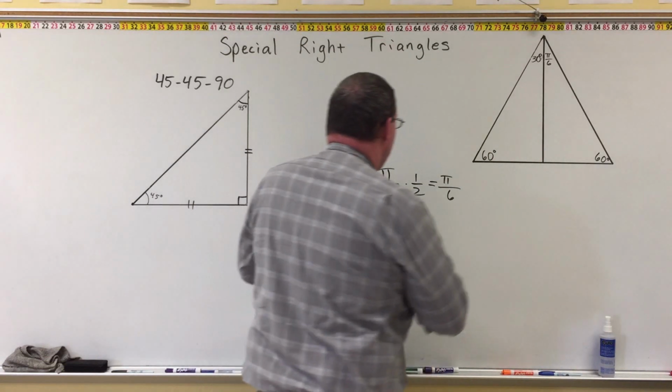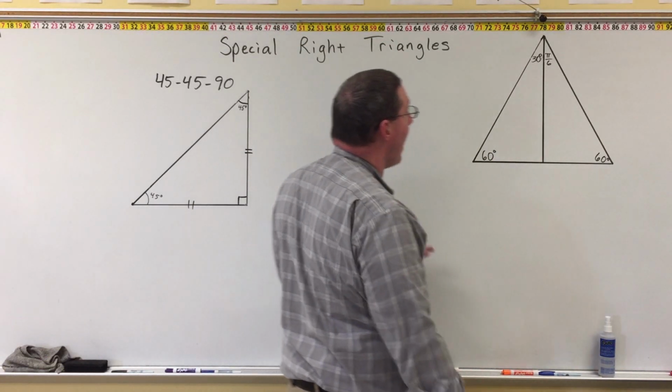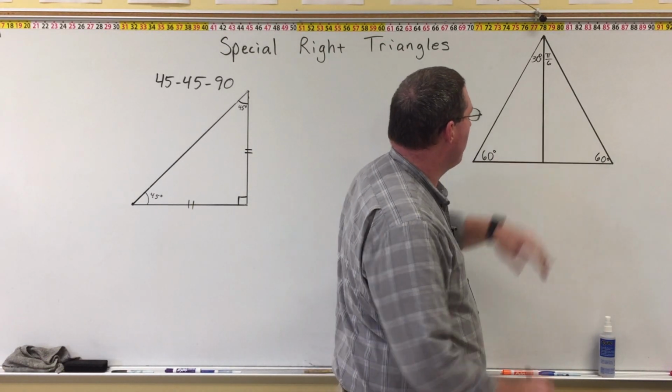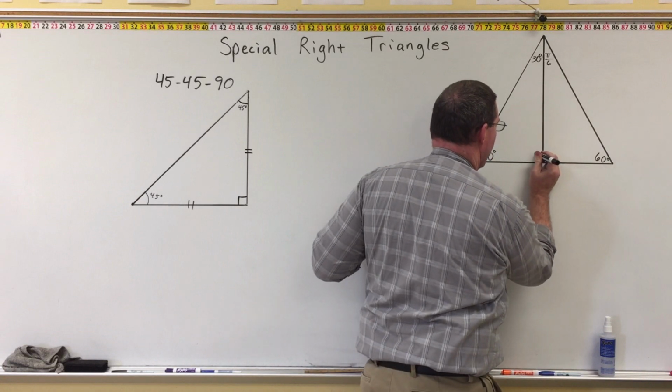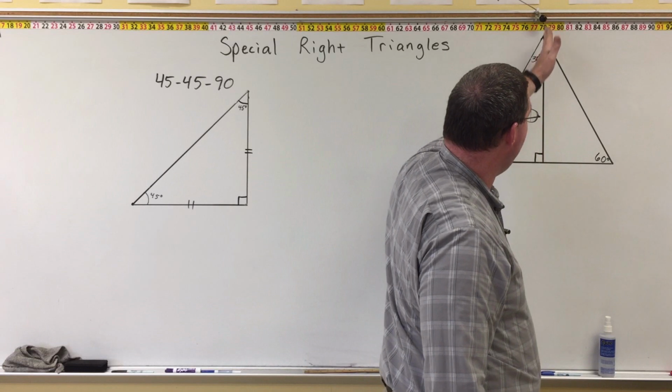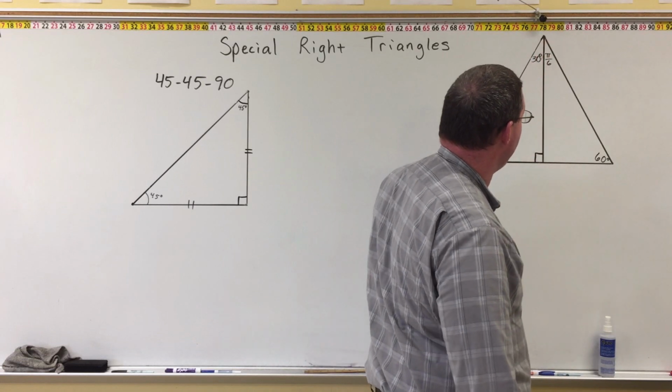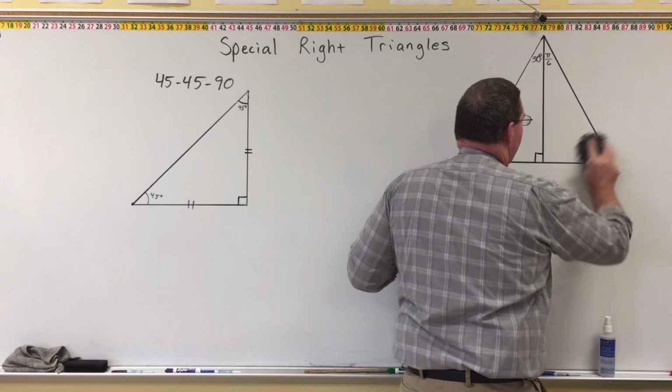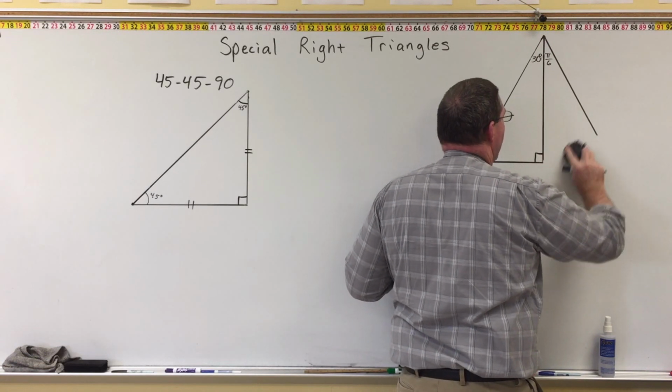All right, now, again, we don't need both of them. Oh, I forgot to draw in here, this created a 90-degree angle, right? It's an altitude, and an altitude always goes perpendicular to the base of the triangle. So we only need half of this one, so we're going to get rid of this half of it.